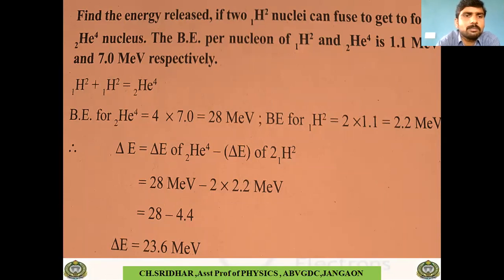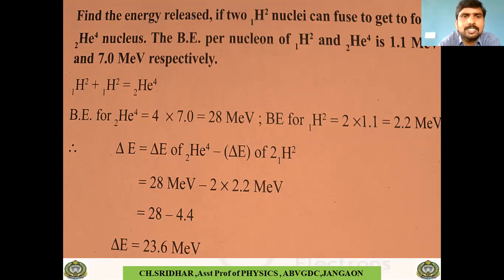For 2He4, the binding energy is 4 into 7, which is 28 MeV, and the binding energy for hydrogen is 2 into 1.1, that is 2.2. Delta E is equal to the energy of helium minus that of hydrogen: 28 MeV minus 2 into 2.2 MeV, that is 28 minus 4.4, so about 23 million electron volts.